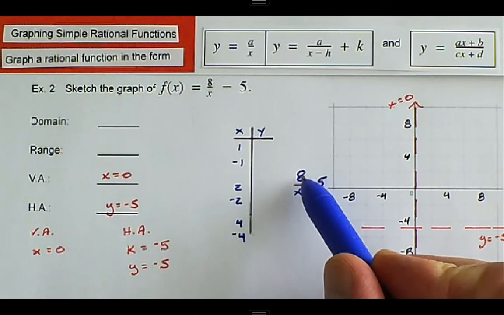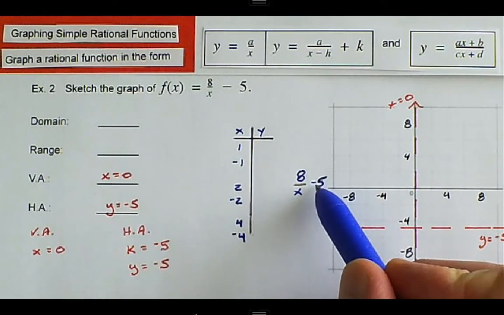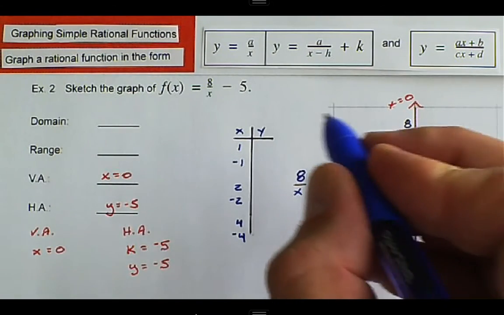So 8 divided by 1 is 8, minus 5, and that is equal to 3.